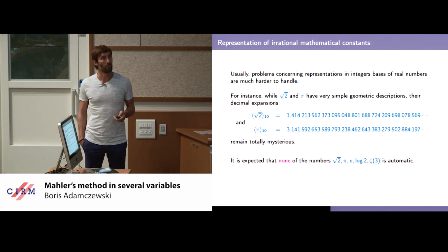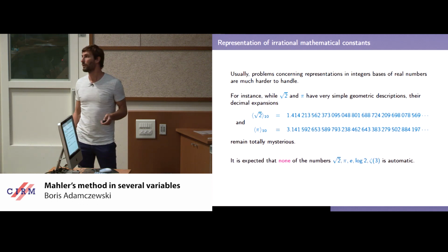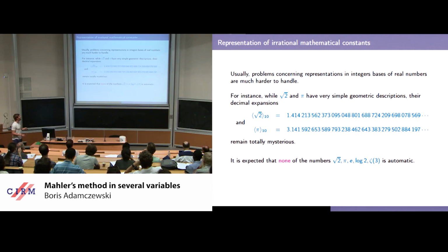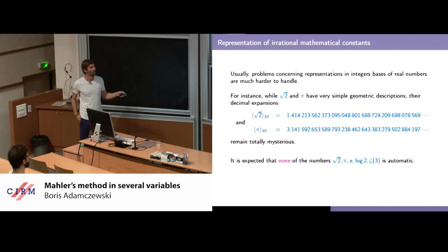One of the main conjectures in the subject is, of course, that we expect the digits are chaotic, but we are so far from proving that, that a first, more reasonable question is to prove that none of these classical numbers, and I could add many to this list, can be automatic. So whatever the base you choose, 10 or 2, you expand square root of 2 or pi, you do not expect to have a simple sequence like the Thue-Morse sequence.